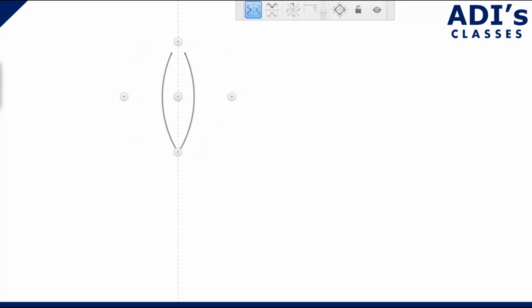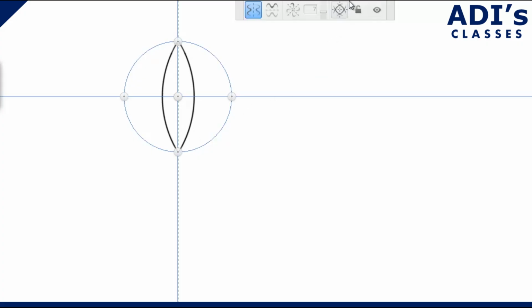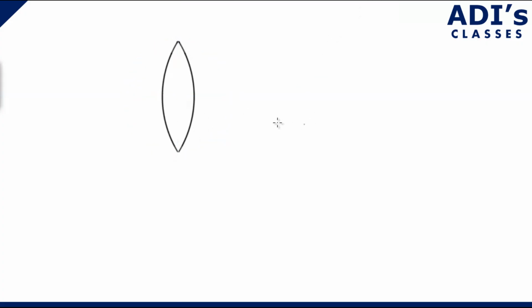Now the first thing is we need to consider a biconvex lens. So imagine this to be a biconvex lens, and let's call this point x and this point y. A very important point is that we need to draw the principal axis. So let's call this the principal axis.